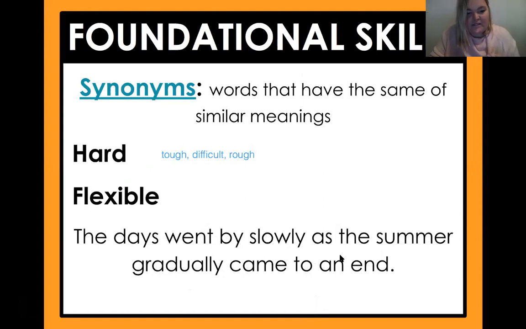Do you see any words there that mean the same thing? What if I gave you a hint and said that one of the words is slowly? Can you find a word that means the same as slowly? The days went by slowly as the summer gradually came to an end. Good job. Awesome job. All right.